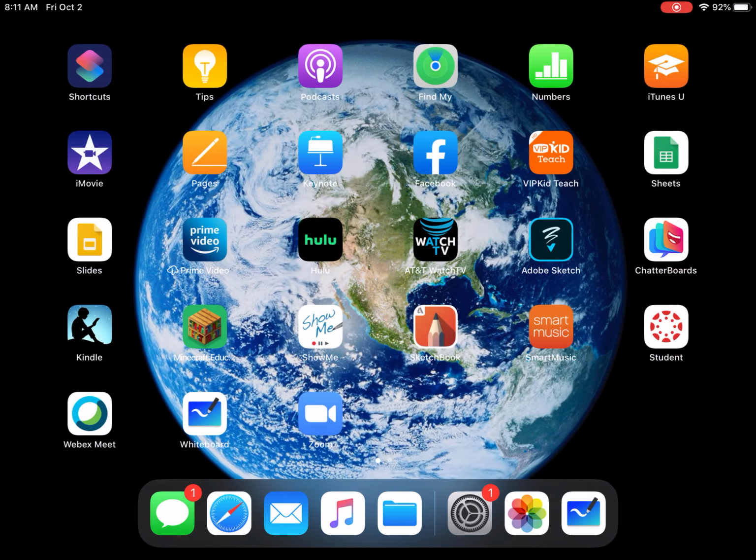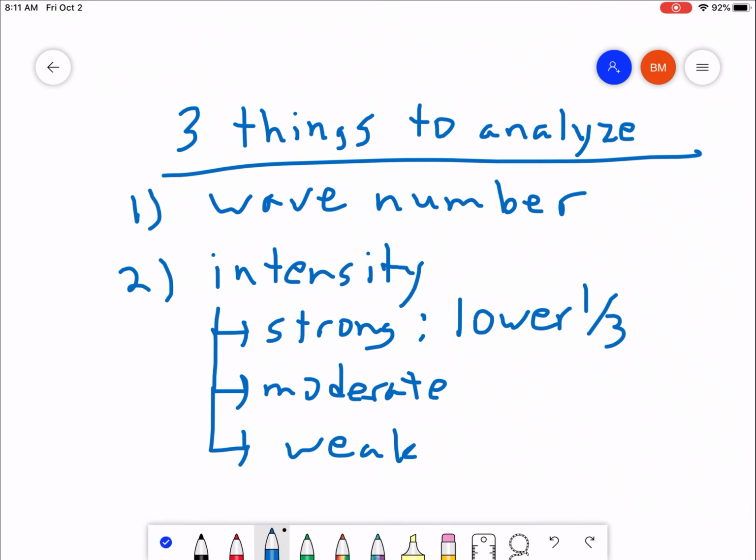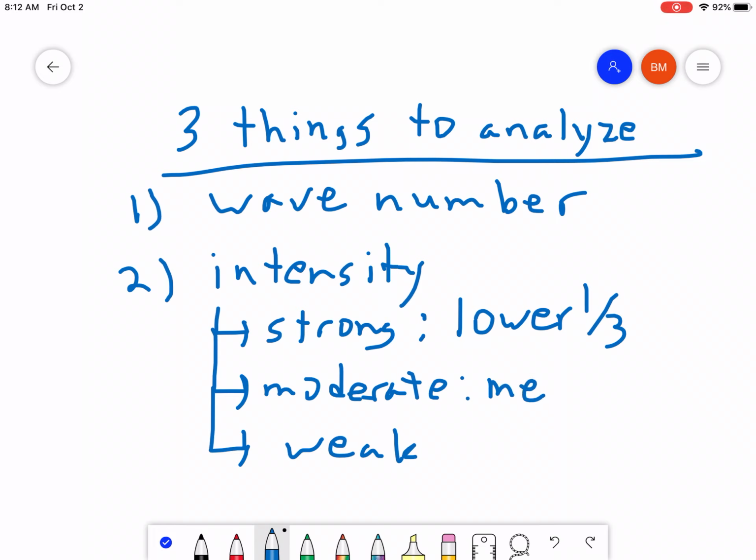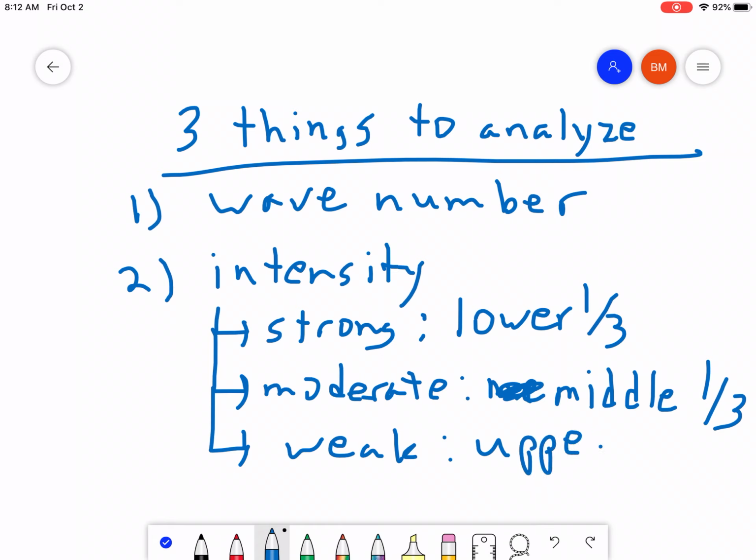So I would classify that as strong. Moderate would be in the middle third. Weak would be in the upper third. All right?